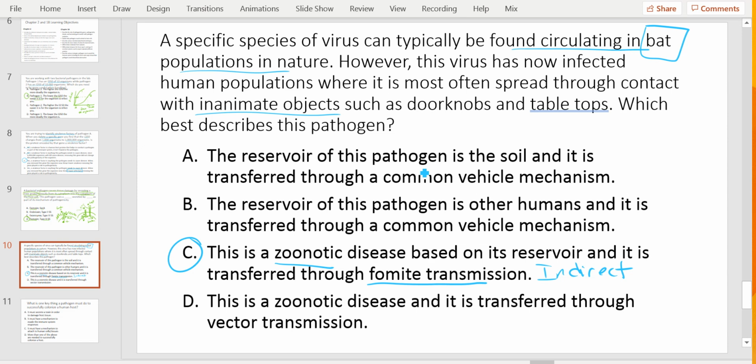If we look at the other options here, common vehicle is also indirect. But vehicles are things that everyone would have to have been exposed to get the pathogen. So this is typically foodborne diseases or waterborne diseases where you would have had to, say, consume the contaminated water.